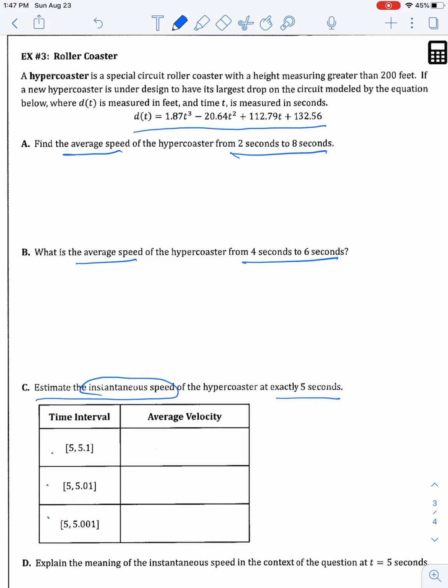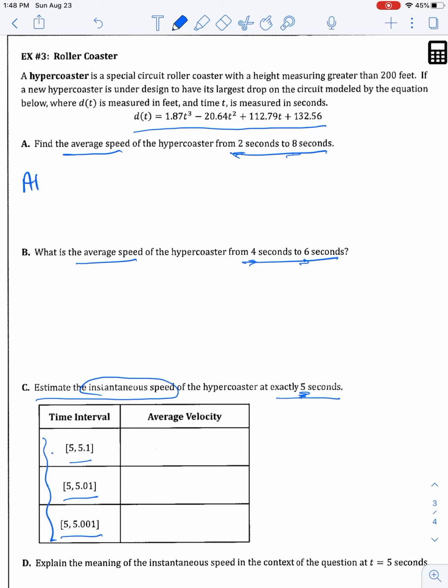Now let's focus on something. Part A is going from 2 to 8 seconds, and Part B is going from 4 to 6 seconds, and then I want exactly 5 seconds. So you can see that it's kind of honing in on 5 seconds, and then these time intervals are really getting close to those 5 seconds.